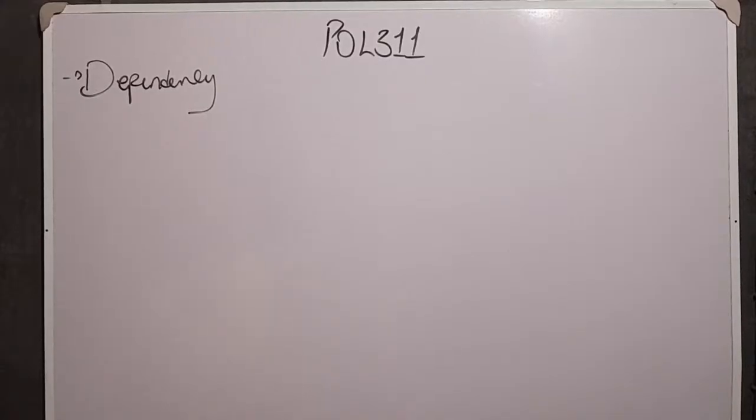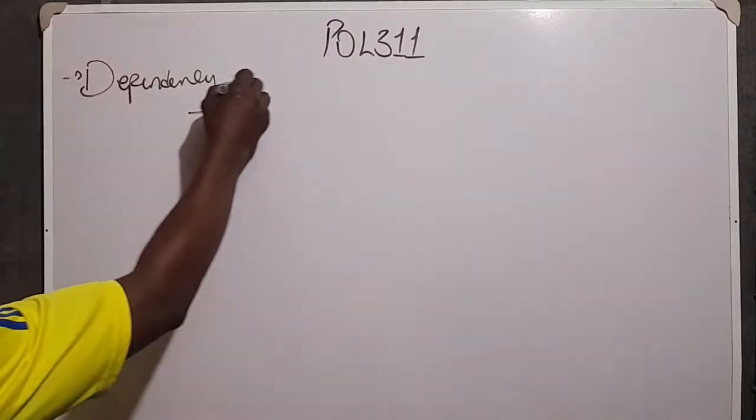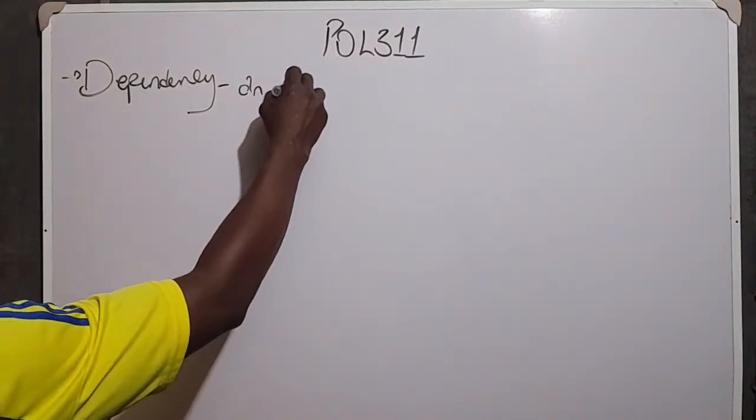Now, when we talk about dependency, what are we simply referring to? I want us to consider dependency from an angle. It says dependency can be defined as an explanation of the economic development of a state.